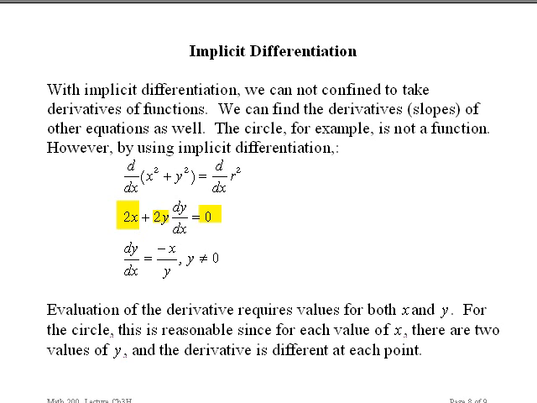Then I solve for dy by dx, and I get minus x over y, and y cannot be 0. Again, to evaluate this derivative, because y appears on the other side of the equal sign, you need to have values for both x and y.